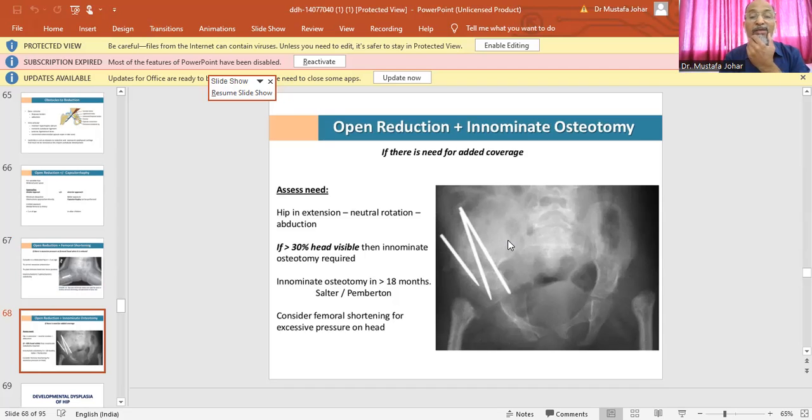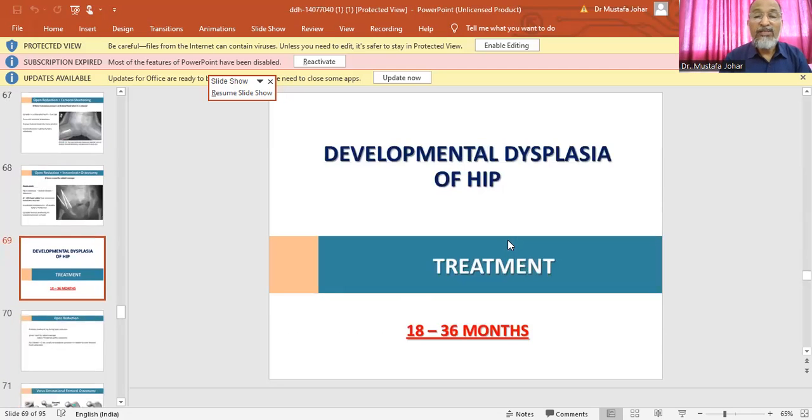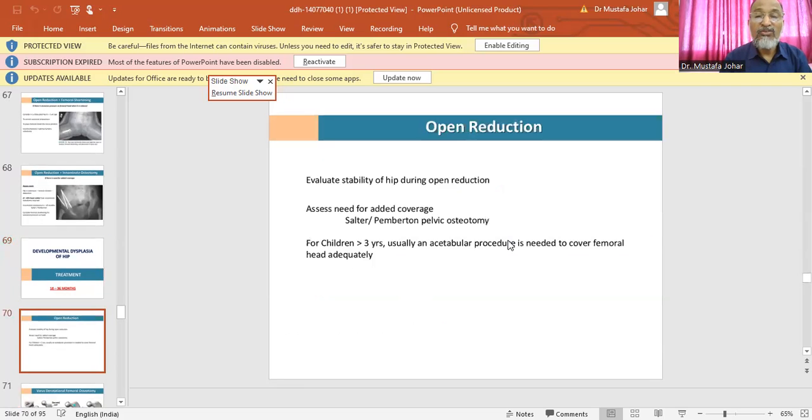Innominate osteotomies in children more than 18 months of age are of two kinds, Salter and Pemberton. Then you have to consider femoral shortening for excessive pressure on the head. Then 18 to 36 months of age, evaluate the stability of the hip during the open reduction, assess the need for added coverage.